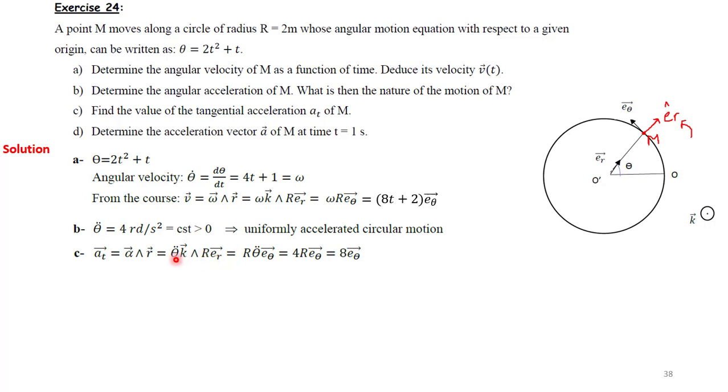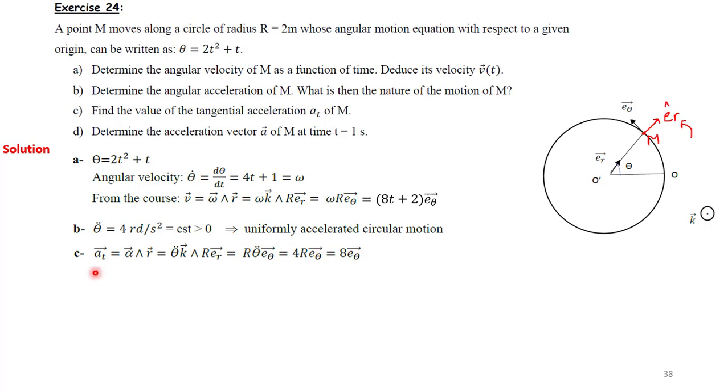So again, this is equal to R theta double dot times sine of the angle between k and ER, which is equal to 1. And we have to add a unit vector. K cross ER is equal to E theta. This gives us R theta double dot. It means we have 4R along E theta, which is equal to 8 E theta.